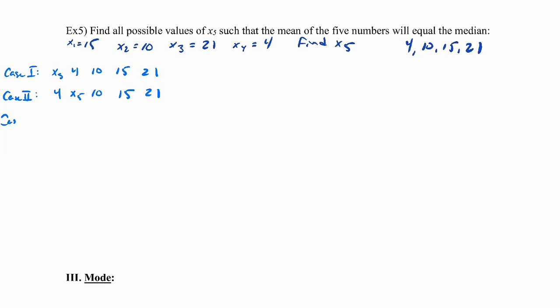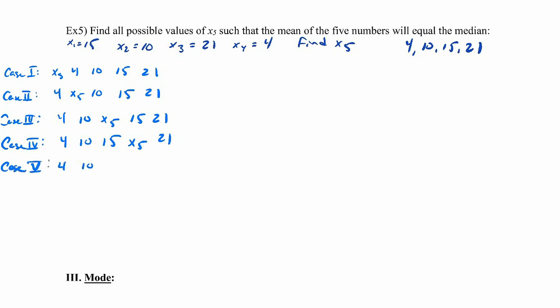Maybe case 3 now is x5 is in the middle. There's the ordering. Case 4, x5 is the 4th largest, and for case 5, the largest of them all. So these are the 5 potential ways that x5 could show up ordered in our list of data, right?